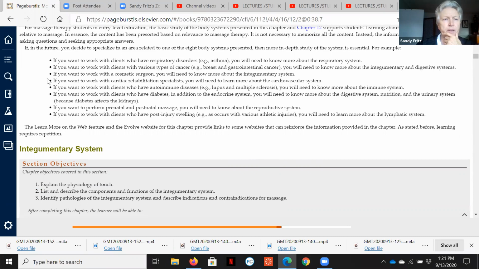So these bullet points right here give you some idea of the relationship with specialization. So for example, if you wanted to work with cosmetic surgeons that are doing facelifts or reconstruction, breast augmentation or whatever, you're going to need to know more about the integumentary system.